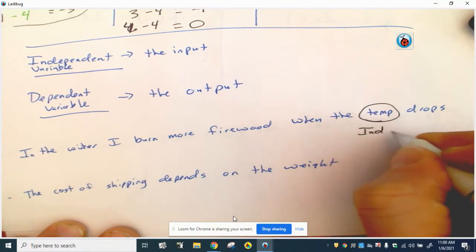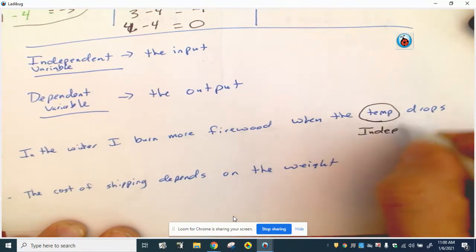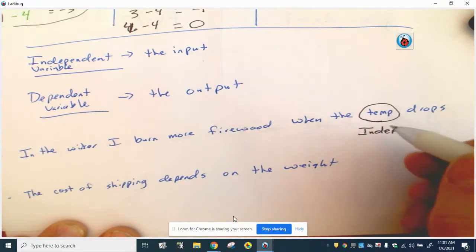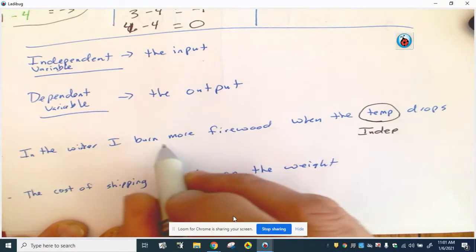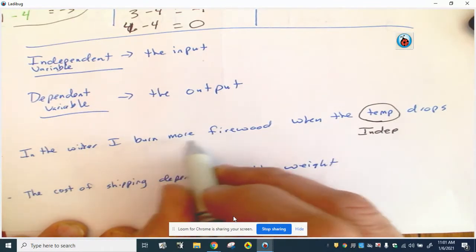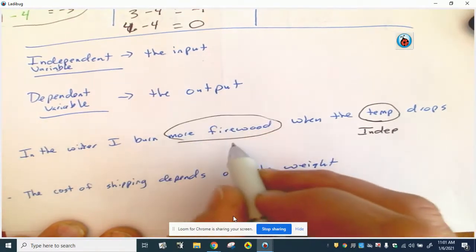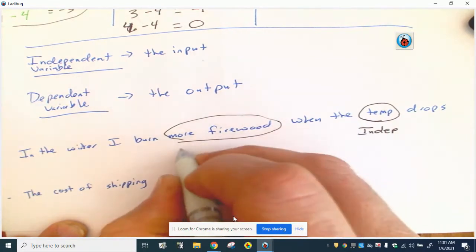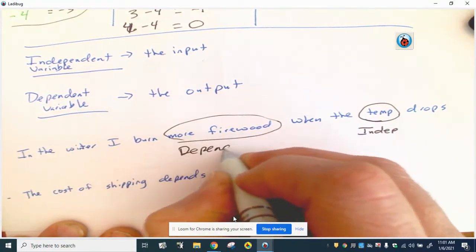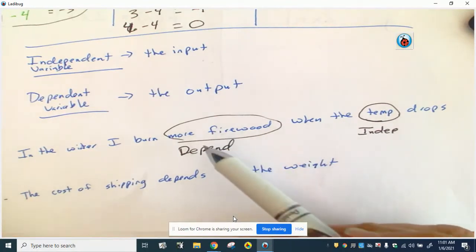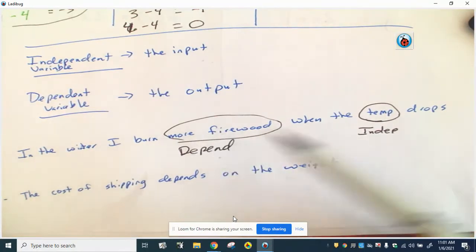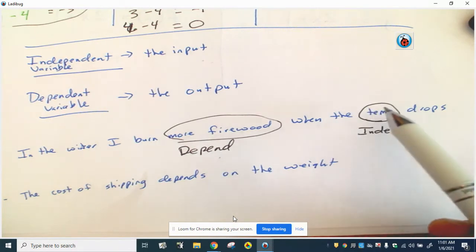That's not something that we control. That's going to be the independent variable. The amount of firewood, how much firewood we burn, that is going to depend on the temperature, right? How much firewood we go through depends on what the temperature is.